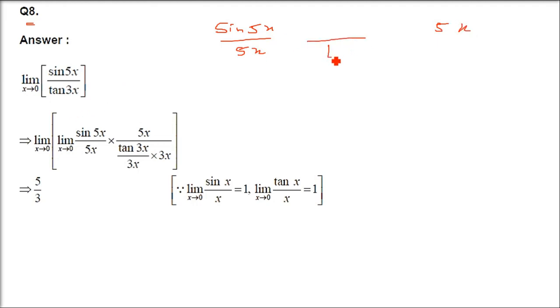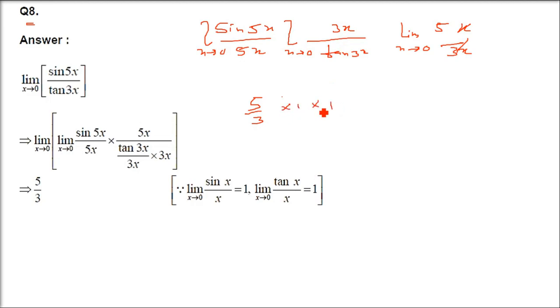Then this is tan 3x, so you have to take 3x in the numerator as well. Limit here, x tends to 0. Here also x tends to 0. It doesn't matter because x gets cancelled, it is a constant, 5 by 3 will come. So only 5 by 3 will come because the others will be 1 with the limit applied. So it will be 5 by 3.